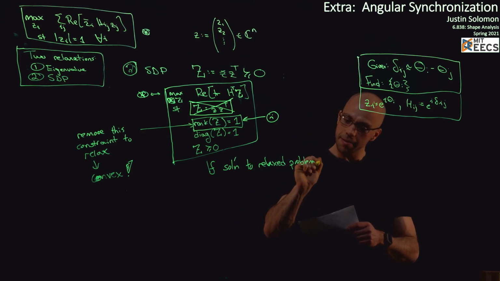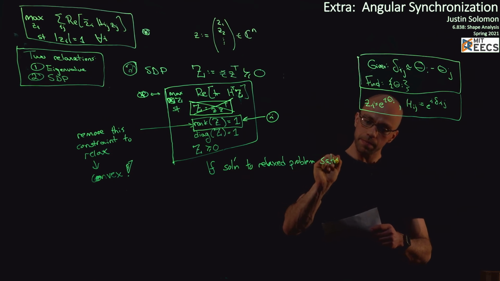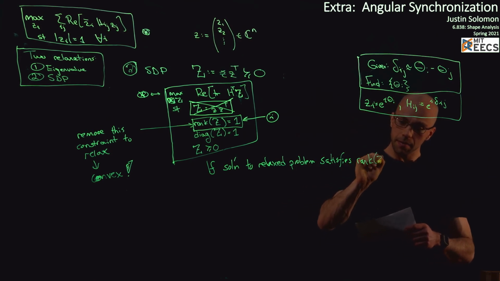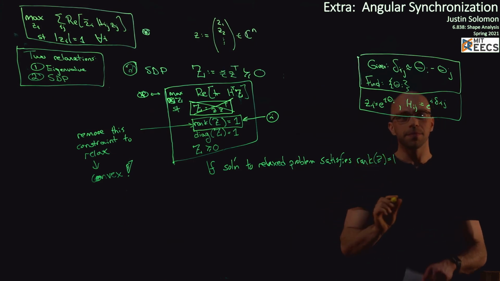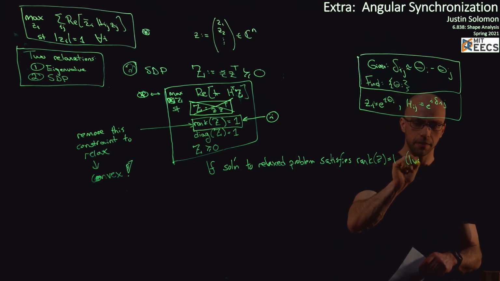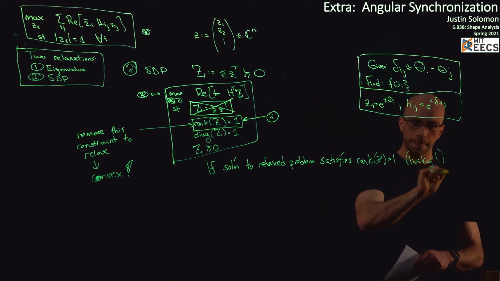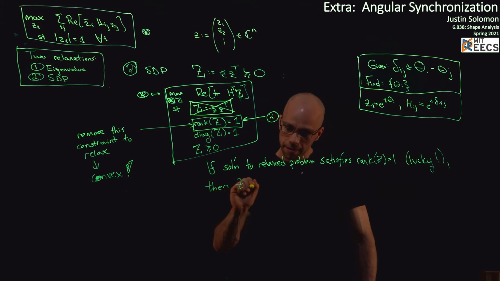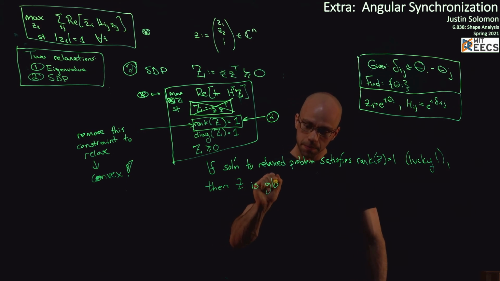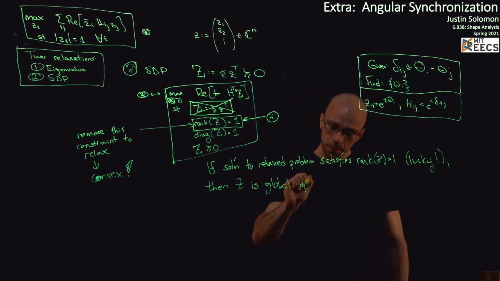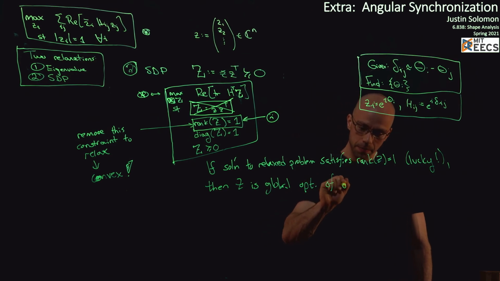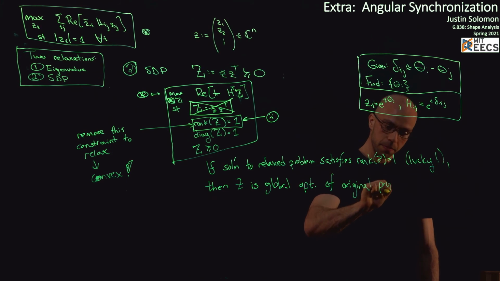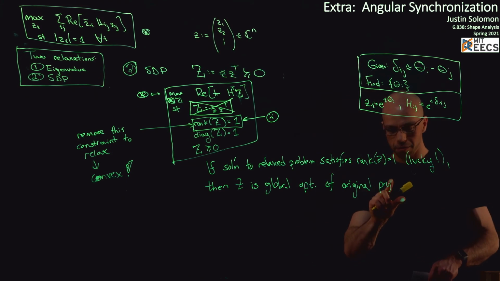In other words, if the solution to the relaxed problem just happens to satisfy rank Z equals 1, so somehow we got lucky, well, then we know that Z is the global optimum of the original problem. Oops, I apologize for the horrible handwriting.